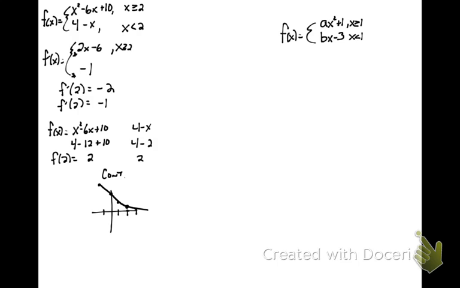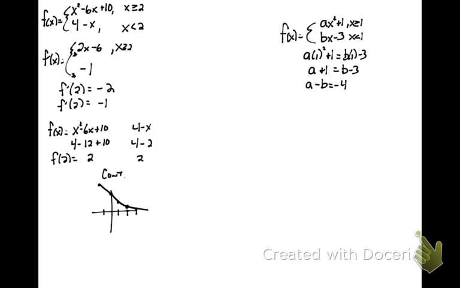In order for this to be differentiable, it'll also be continuous. So that means that when x equals 1, a times 1 squared plus 1 will equal b times 1 minus 3, or a plus 1 must equal b minus 3, or, solving this a little bit further, a minus b should equal negative 4.